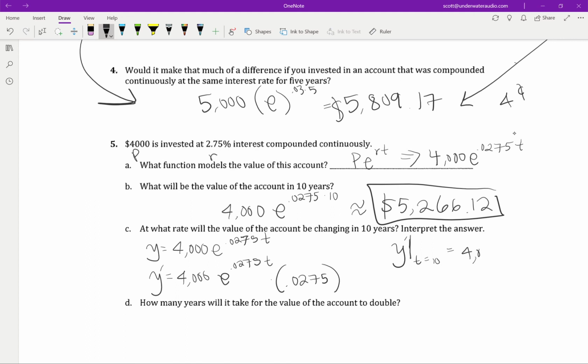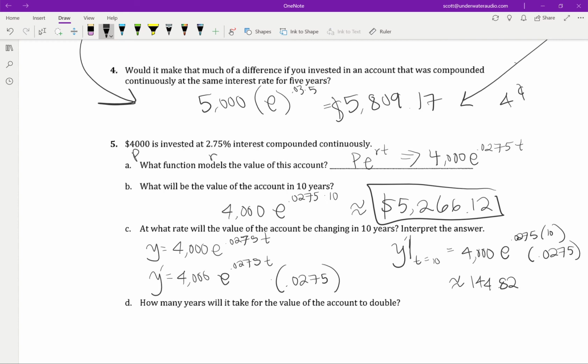So 4,000 e to the 0.0275 times 10, and then all of that multiplied by 0.0275. Okay, so I get approximately 144.82.